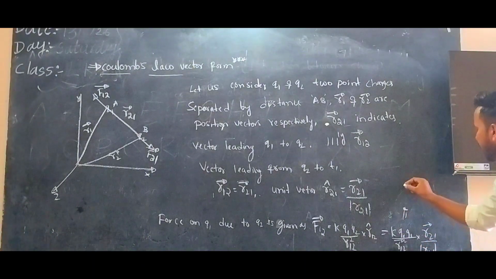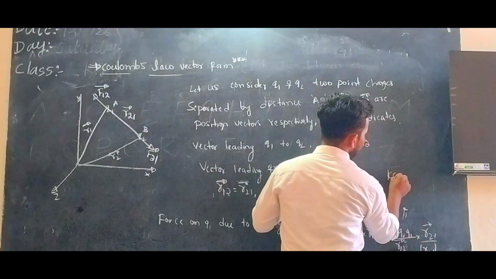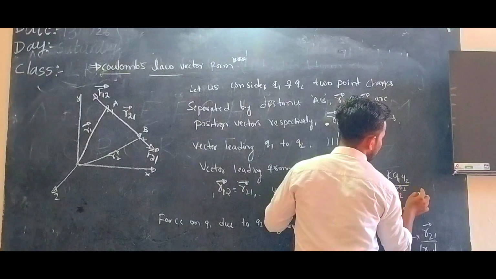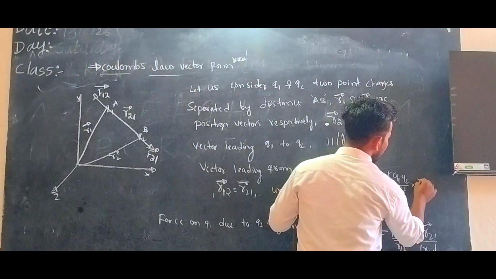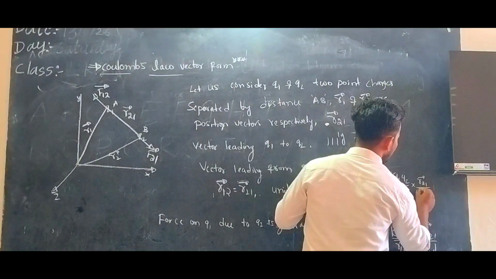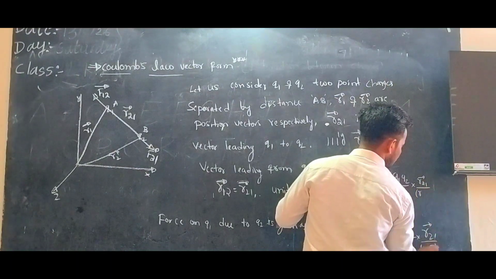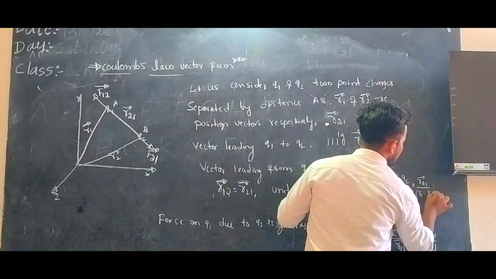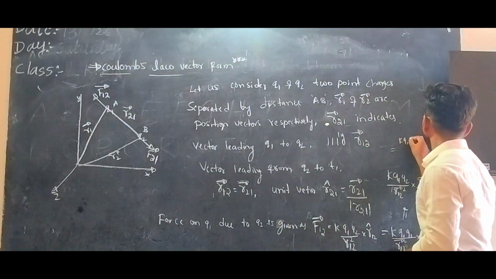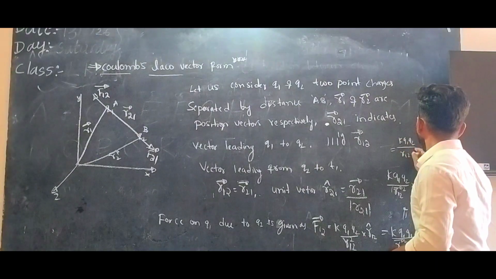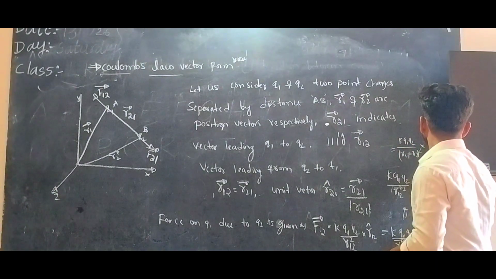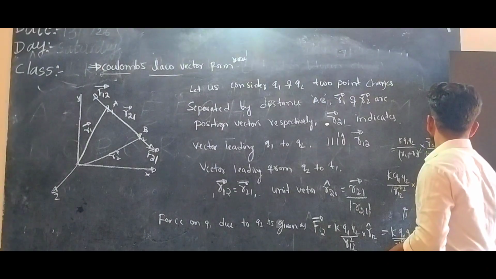If we simplify this, Q2 divided by R12 whole square, R21 vector, this is R1 minus R2. K Q1 into Q2 divided by R1 minus R2 whole square into R21 divided by magnitude.